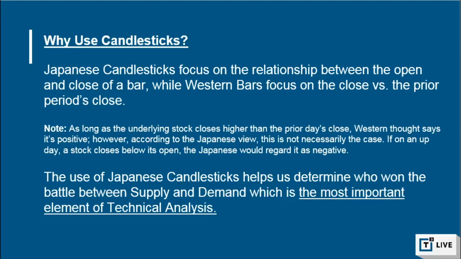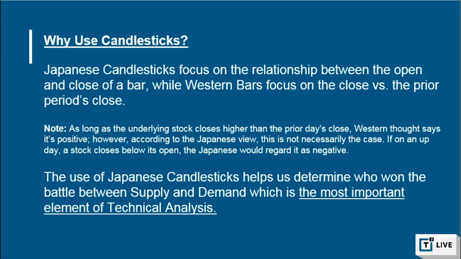The use of Japanese candlesticks helps us determine who won the battle between supply and demand, which is the most important element of technical analysis. I underlined that for a reason, obviously. So the most important element of technical analysis is determining who is in control, who's winning the battle, the buyers or the sellers.